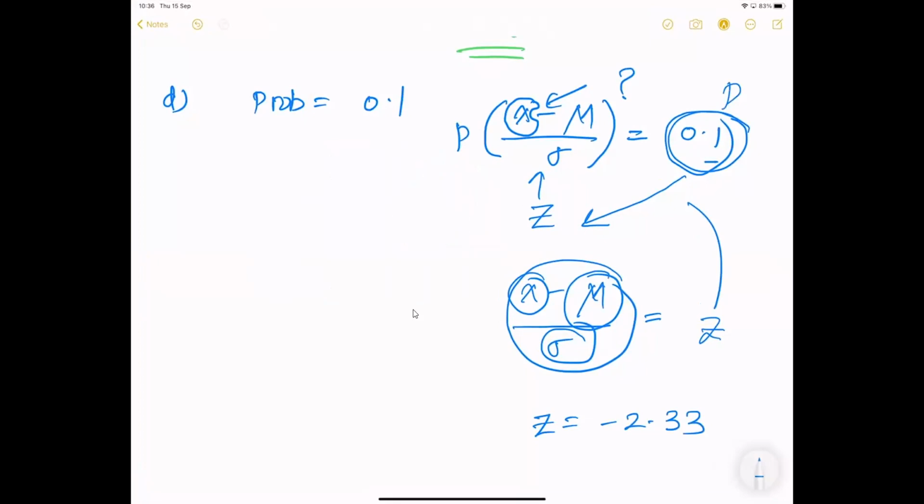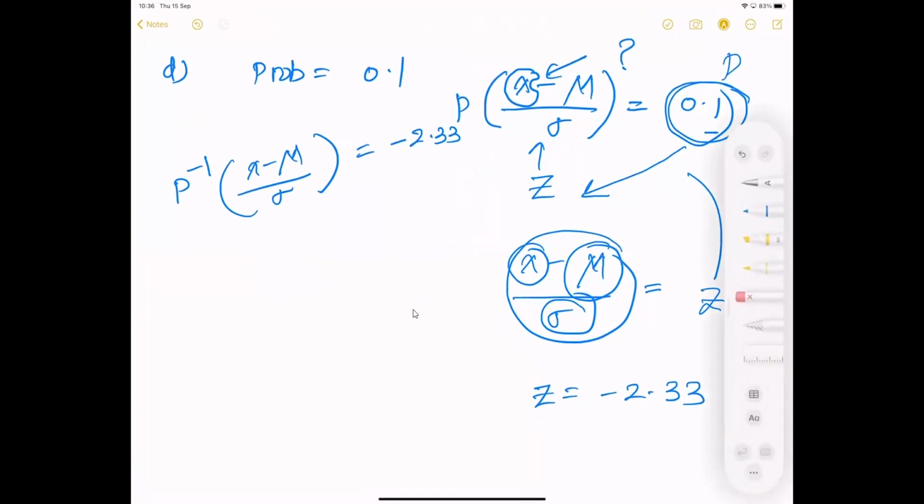We can write it like this: P inverse, X minus mu divided by sigma is equal to minus 2.33. Now we know the Z value, so that is minus 2.33.